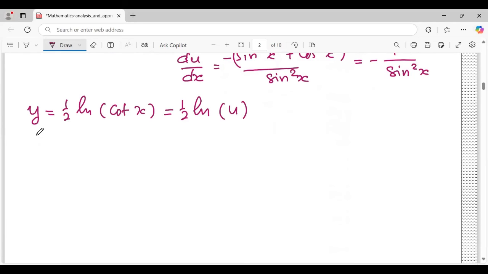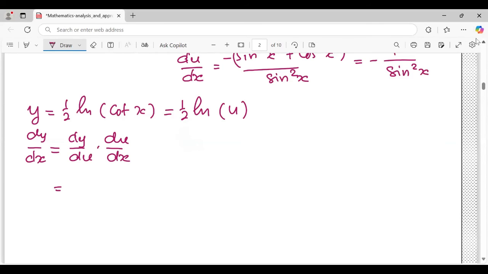Okay, so it means dy/dx is dy/du times du/dx.